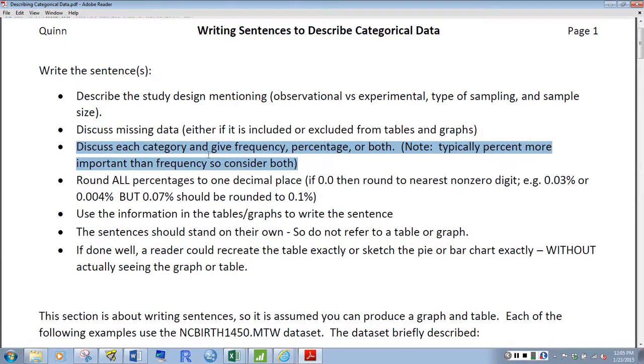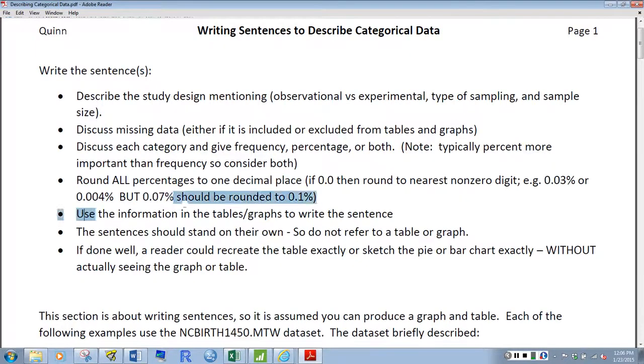You should round all percentages to 1 decimal place, with the exception that if you're getting 0.0, then you really round to the nearest non-zero digit. So you might have to do 0.03 because that would round to 0.0, or 0.004 because once again that would round to 0.0. But if you had 0.07, that actually rounds, and so you should round it to 0.1%.